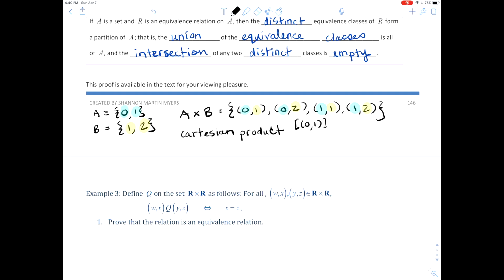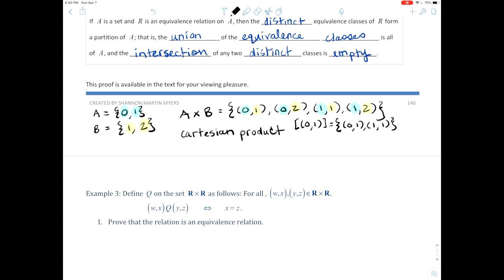I'm looking at this basis here. Well, they have to have the same y value, right? So the class of (0, 1) is going to be the set of all of the ordered pairs that end in 1. Cool so far? So that would be (0, 1) and (1, 1).